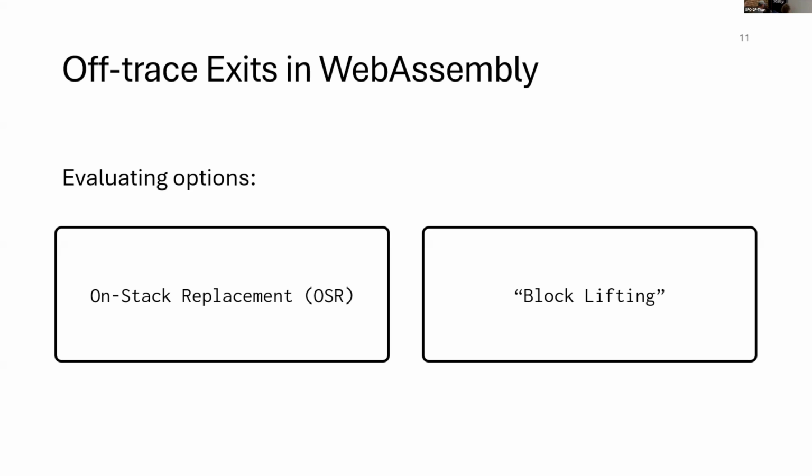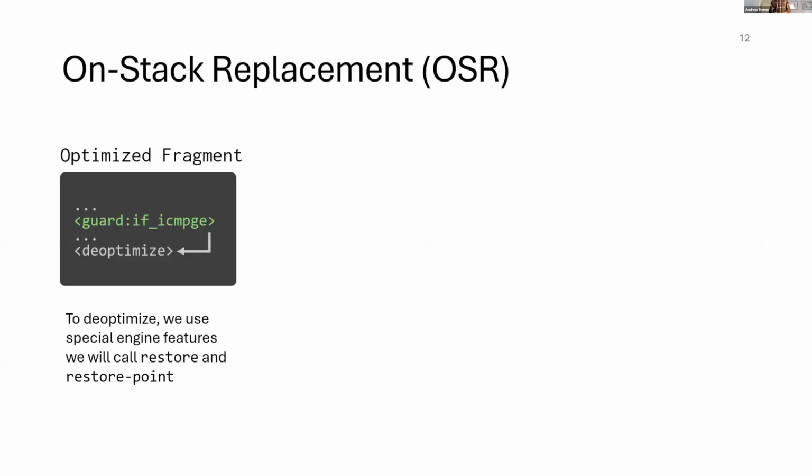Let me talk first about on-stack replacement. Recall that if a guard fails, we need to de-optimize from this optimized fragment back to the original interpreter. Traditionally, VMs do this via on-stack replacement. What does this mean? We fix up the stack used on one side to match what is expected on the other side of a jump.